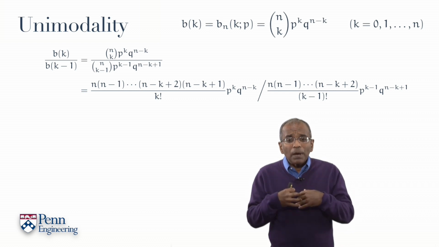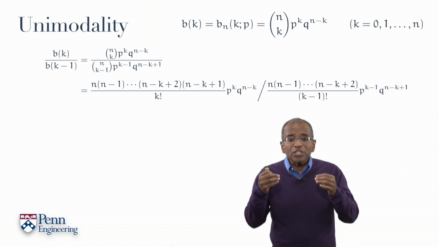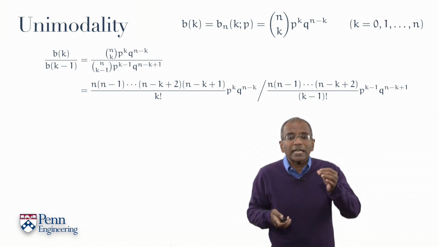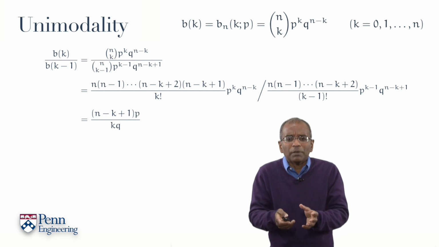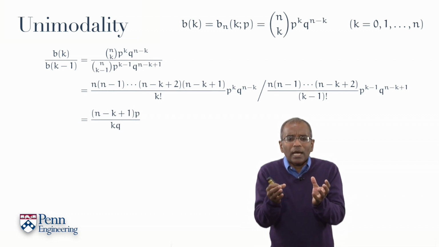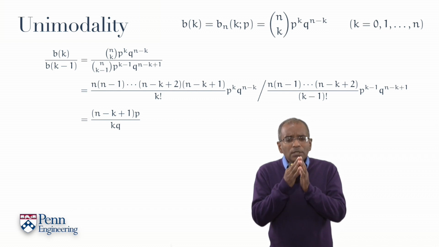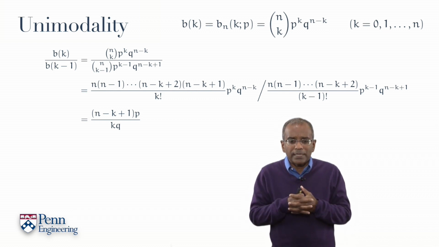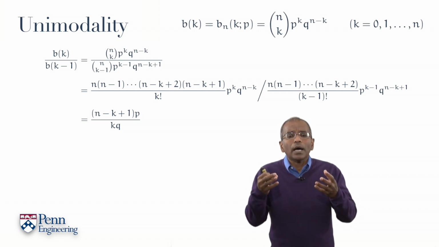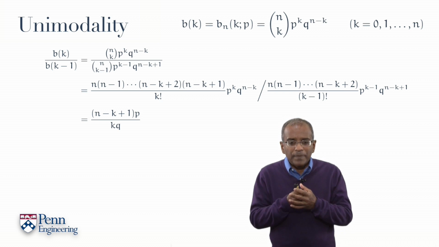The powers of p and the powers of q likewise cancel between numerator and denominator, leaving an extra p in the numerator and an extra q in the denominator. Oh, now everything compacts and simplifies in a hurry, and we get a nice and compact little fraction. So the ratio of two successive binomial probabilities is given by n minus k plus 1 times p divided by k times q.